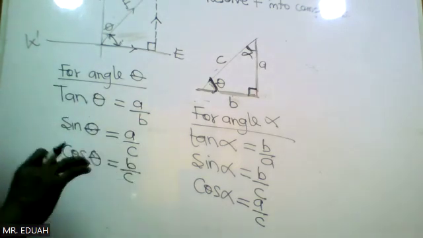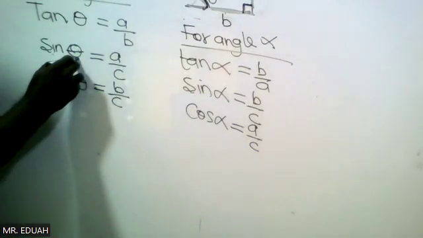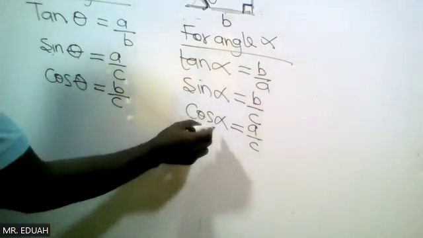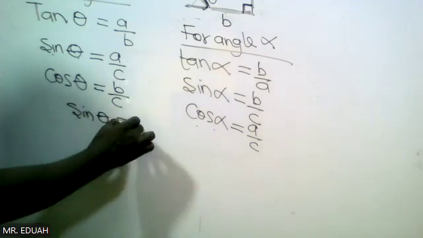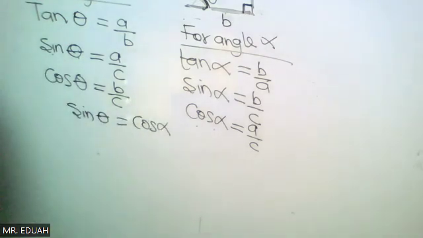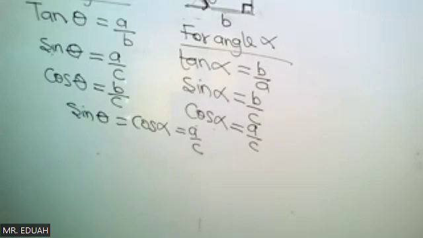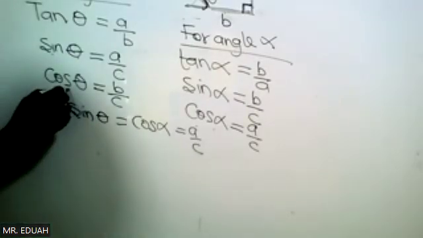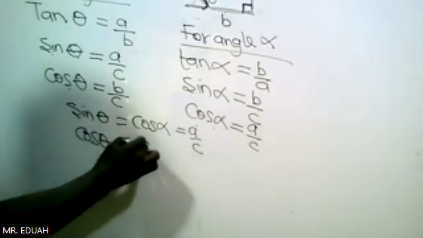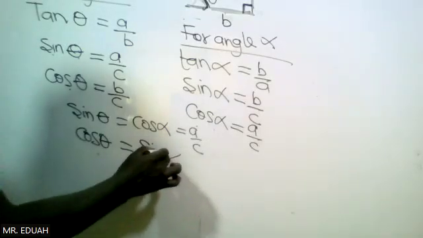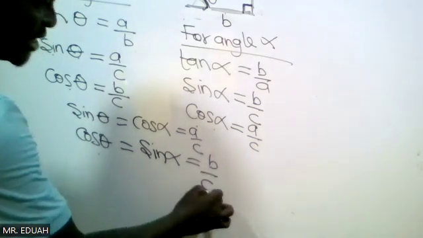We can deduce that sine theta is equal to cos alpha, and they are all equal to A over C. We can also identify that cos theta is also equal to sine alpha, and they are all B over C.